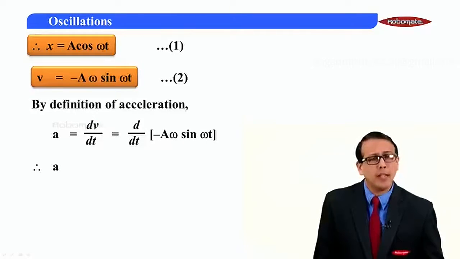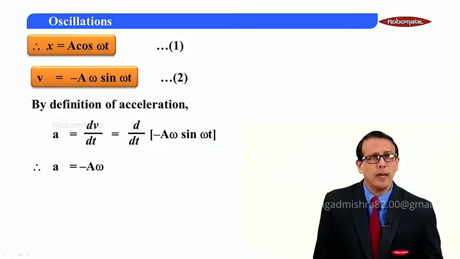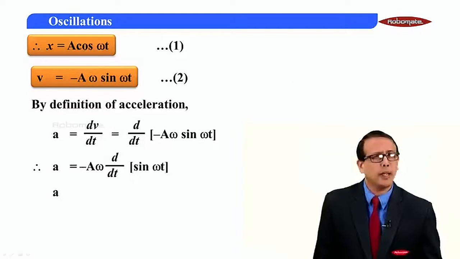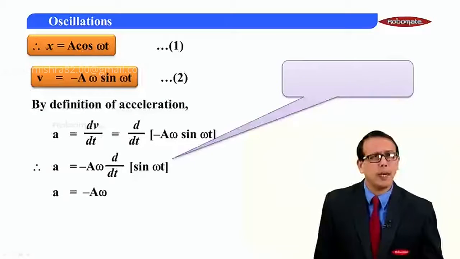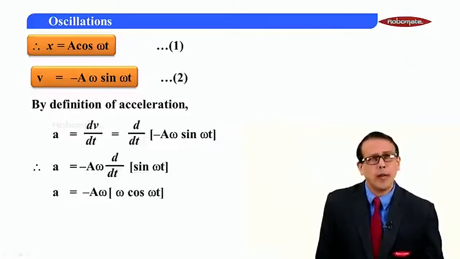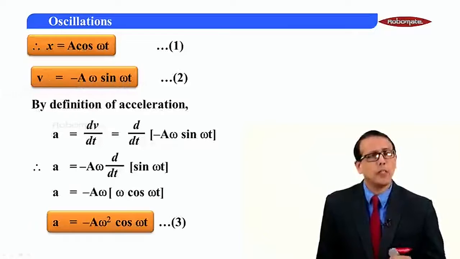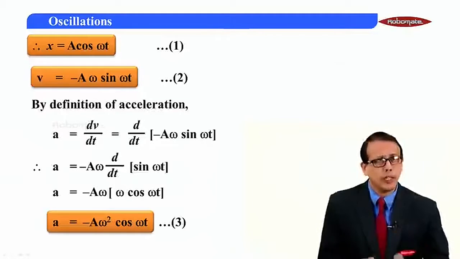Again, minus a omega is constant and therefore I write it as minus a omega d by dt of sin omega t. d by dt of sin omega t is omega cos omega t, and hence it becomes minus a omega in the brackets omega cos omega t, which finally can be written as a is equal to minus a omega square cos omega t. So we have written the expressions of displacement, velocity and acceleration in terms of time.